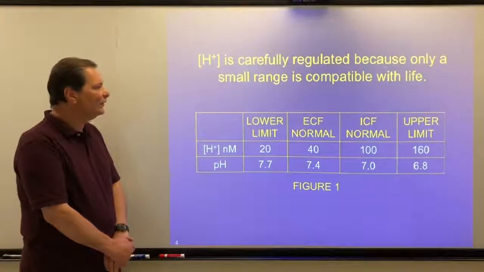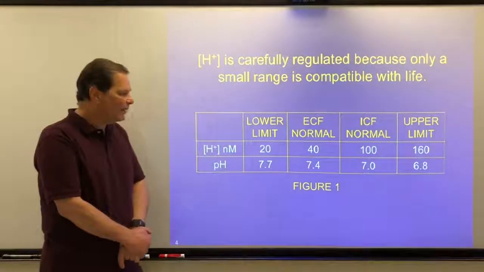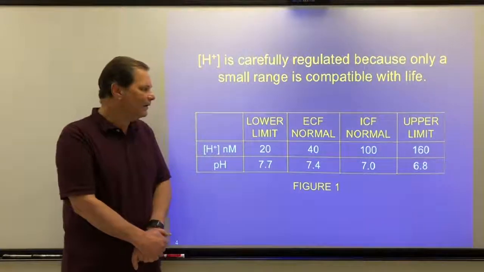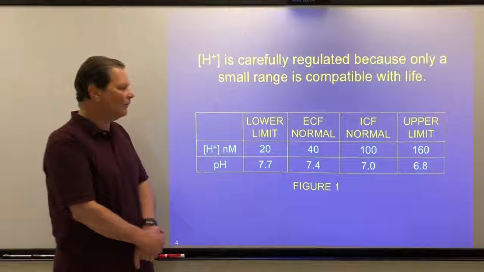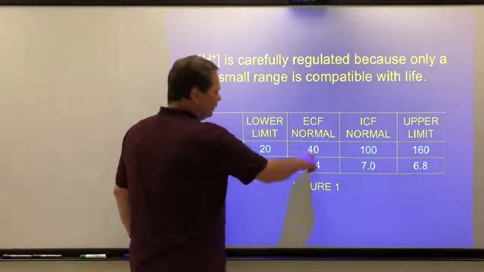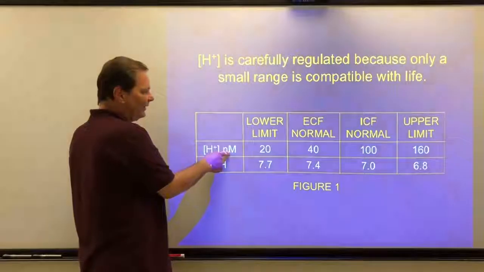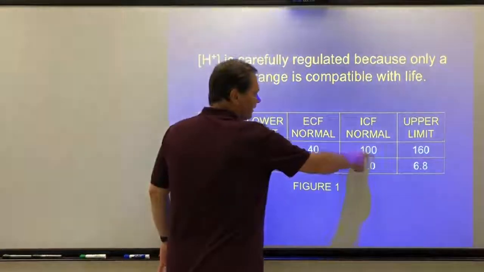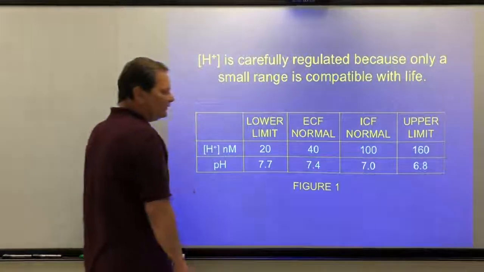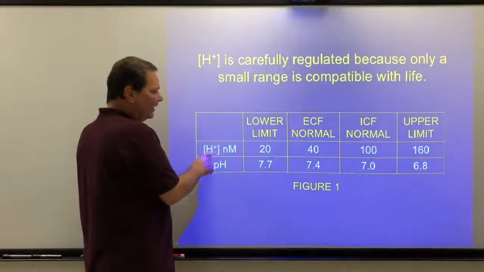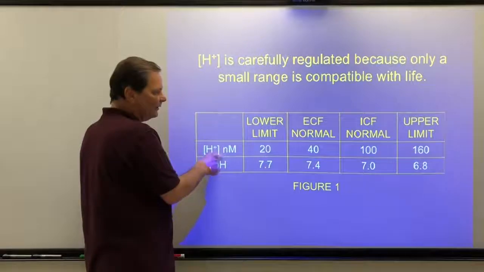And you will notice that this free hydrogen ion concentration is regulated to be within a fairly narrow range. The normal extracellular concentration is 40 nanomolar, that's 10 to the minus 9th. And the intracellular fluid concentration is normally about 100 nanomolar, again, 100 times 10 to the minus 9th.